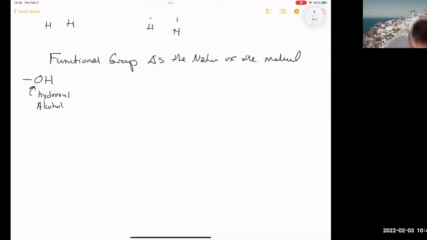So if I have methane, CH4, okay, so this is methane, right? It's a gas. It's a colorless, odorless, explosive gas. If I replace one of these hydrogens with an alcohol group or a hydroxyl group, all right, so let's do that. I hydroxylate it. I will create a new molecule.